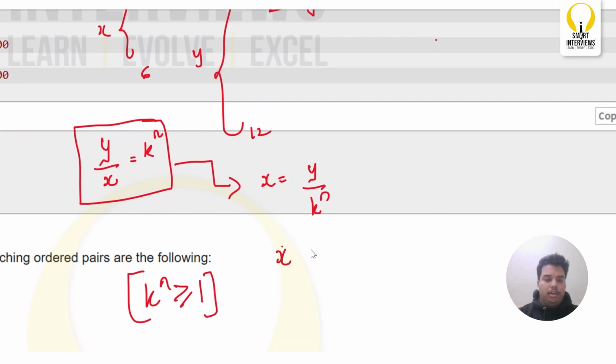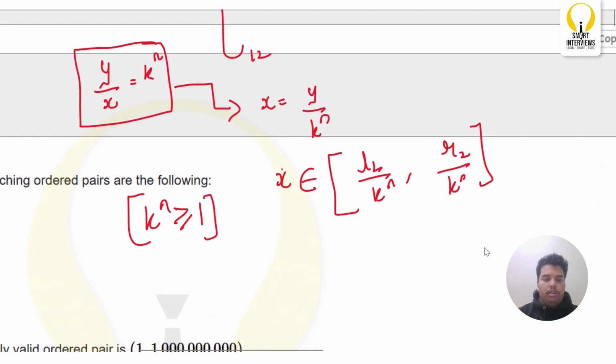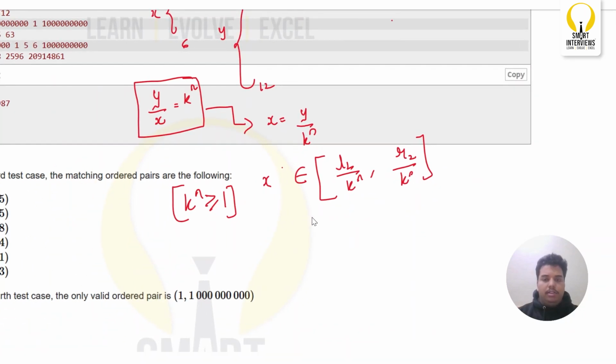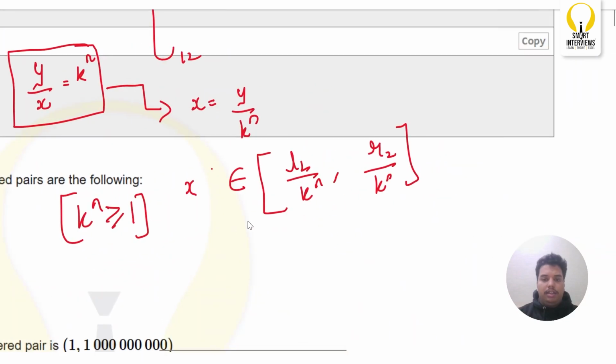So can I say that x belongs to the range L2 by k power n and R2 by k power n. So this is the upper limit, the maximum of x. By this, we understood that x has values in this range.